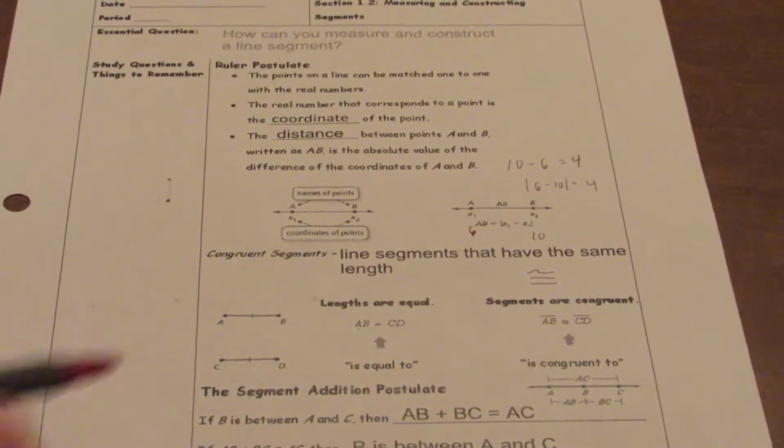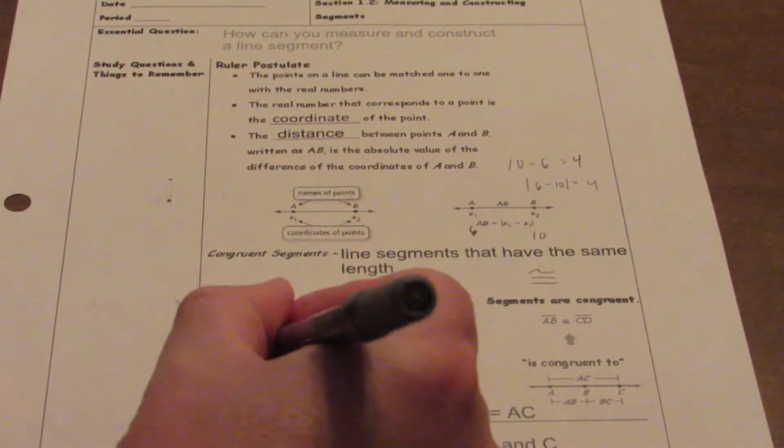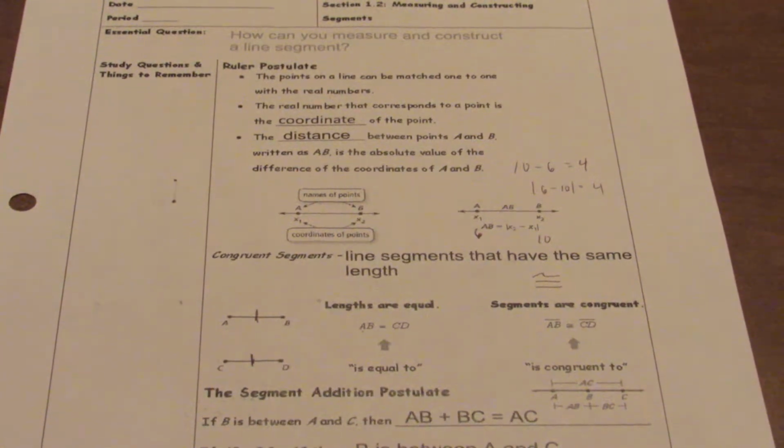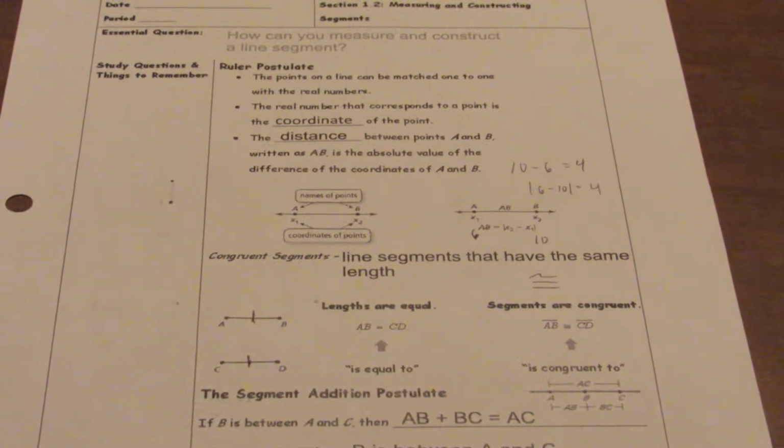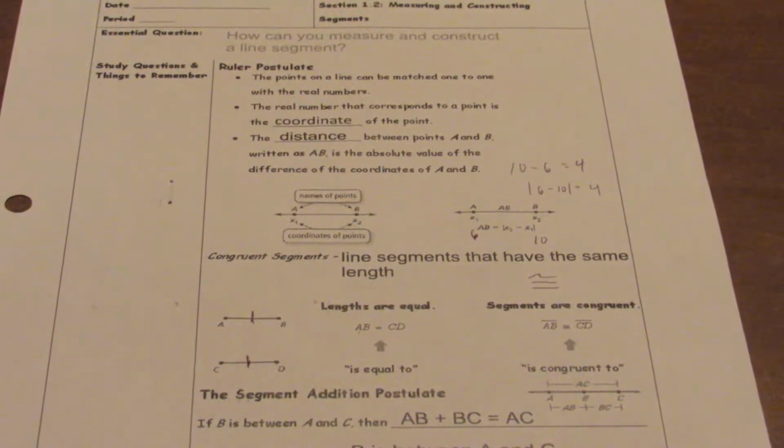If you look at these lines here, it's a little hard to tell, but there's a dash on each one of those. That's how we mark congruence. So if I had a different line there that was a different length, I would mark it with 2 dashes instead of 1 dash. Everything with 2 dashes would be equal, everything with 1 dash would be equal.